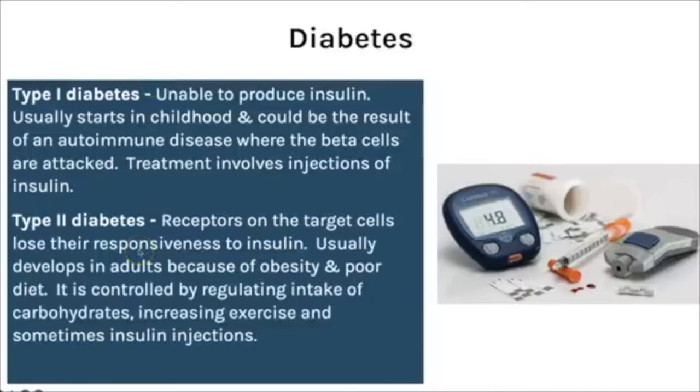Type 2 diabetes, though, is when the receptors on the target cells lose their responsiveness to insulin. It usually develops in adults as a result of obesity and poor diet, and it's normally controlled by regulating the intake of carbohydrates in your diet, increasing exercise, and sometimes it still involves insulin injections also.